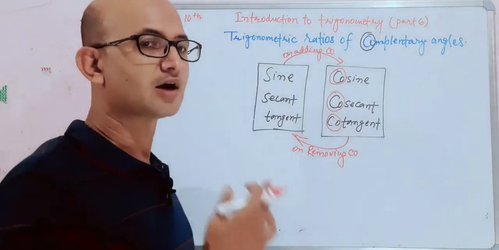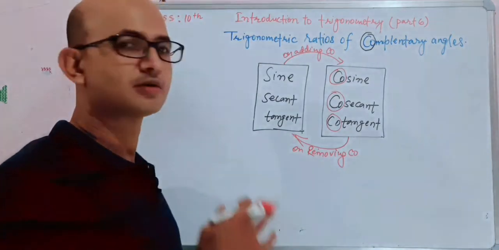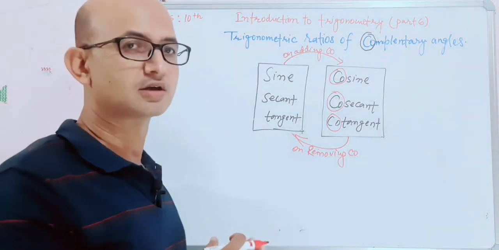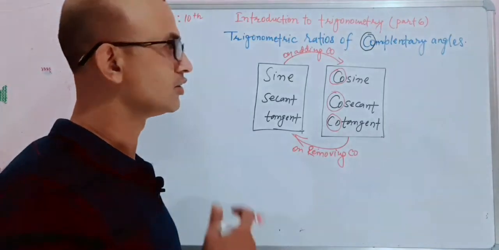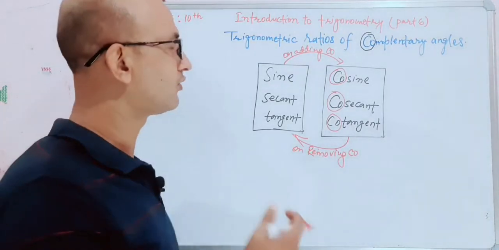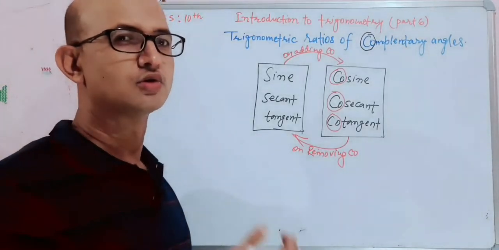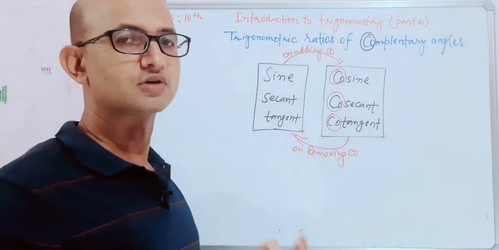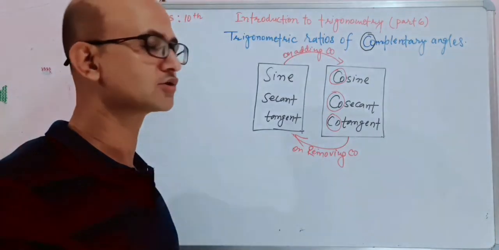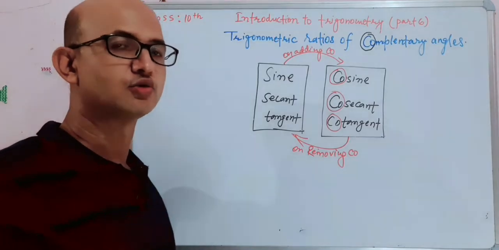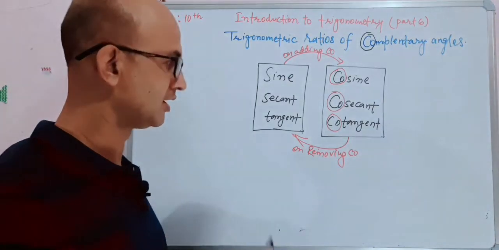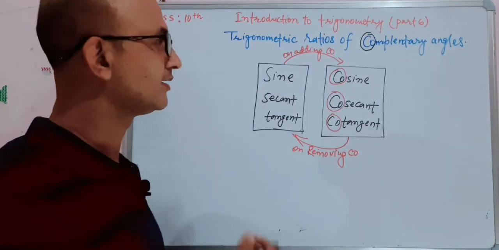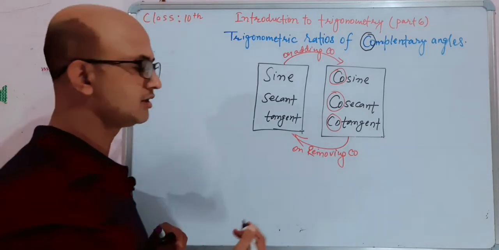Dear students, I hope that you must have understood this trick. Using this trick, you can very easily find the formula to find trigonometric ratios of complementary angles, and also you can solve numerical problems on it. Let us see how we can do it.